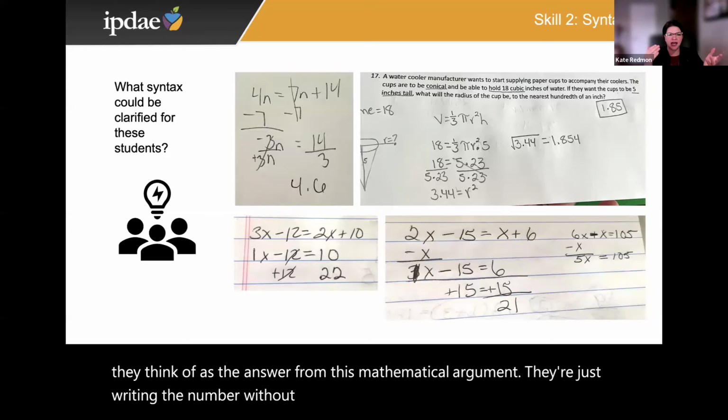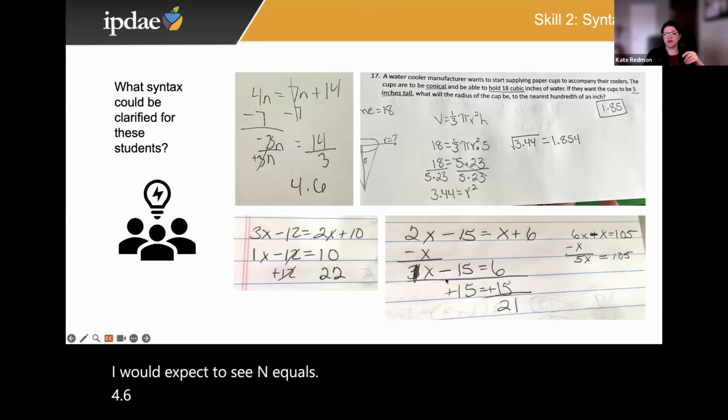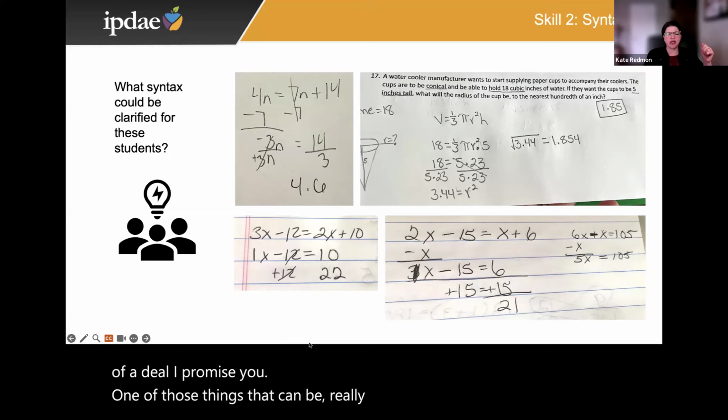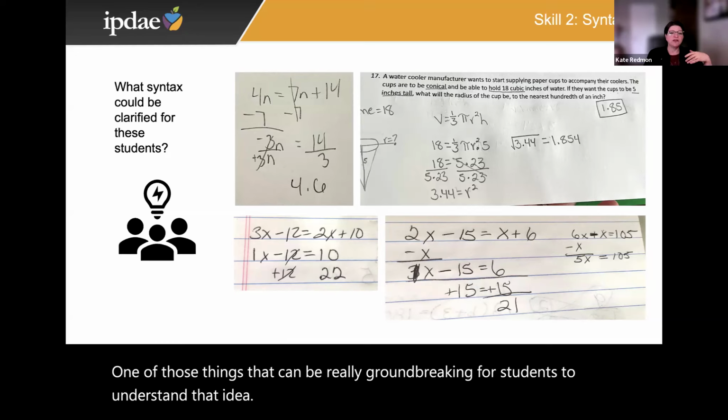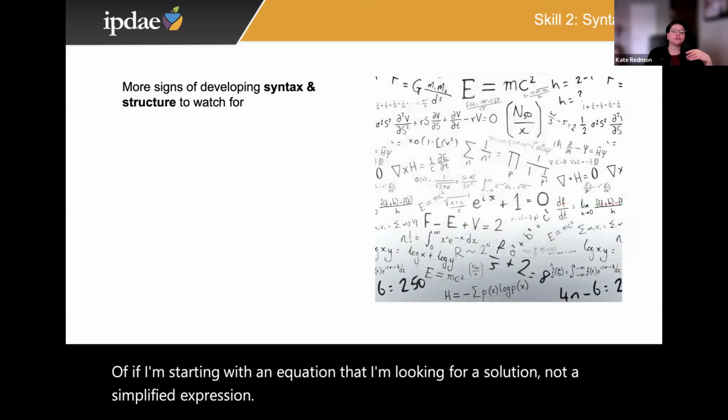So yeah, I would expect to see n equals 4.6 or X equals 22, so on and so forth. And I know you guys are like, not that big of a deal. I promise you, one of those things that can be really groundbreaking for students to understand that idea of if I'm starting with an equation, then I'm looking for a solution, not a simplified expression.